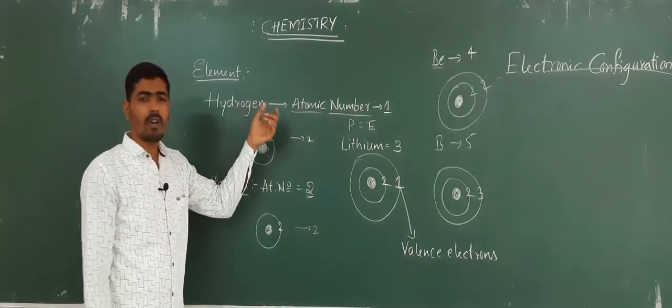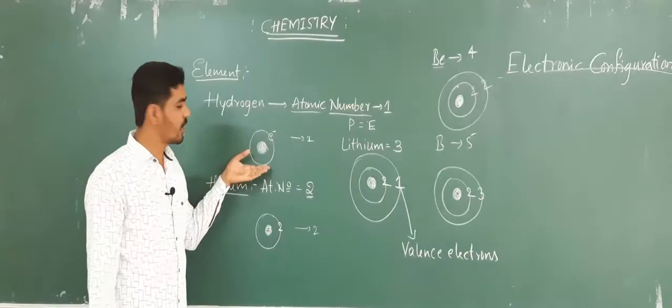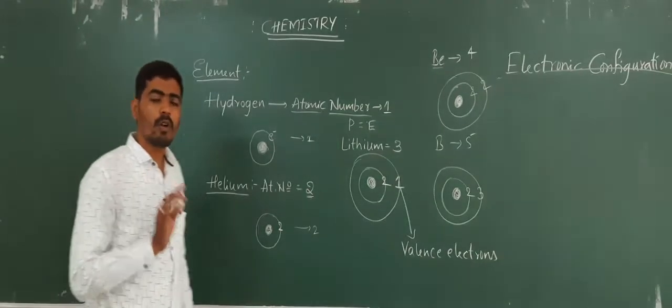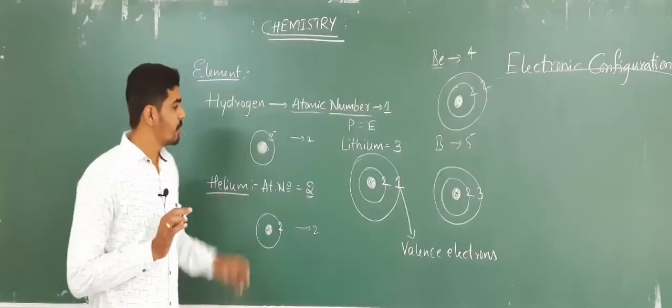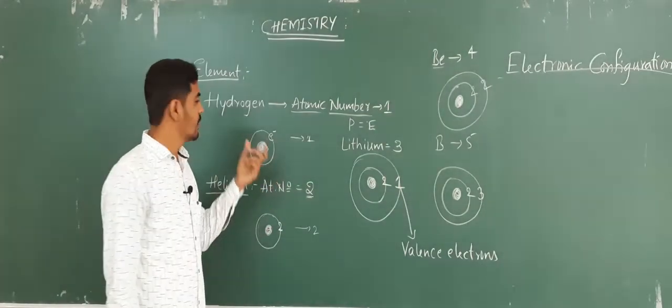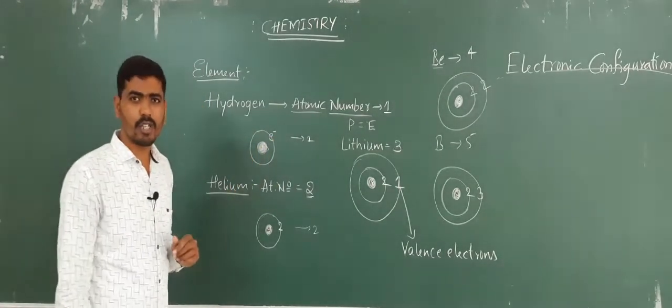Now if you want to draw the structure, we can represent the hydrogen atom by this structure. Suppose I don't want to draw the structure, simply I have to write or represent the electrons which are distributed in the hydrogen atom.